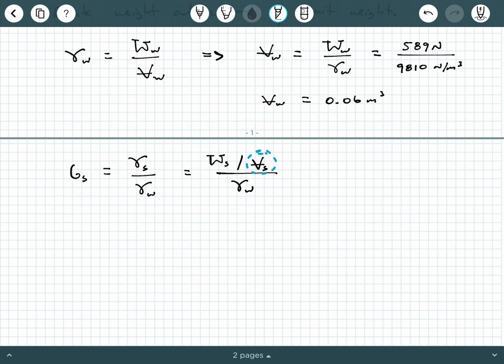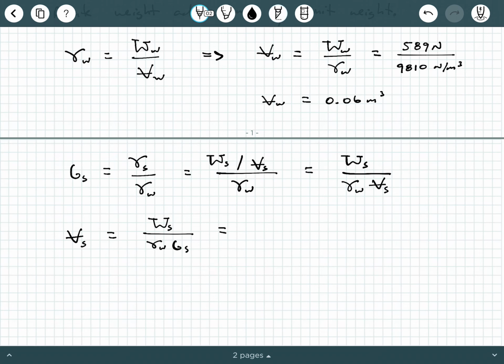We're looking for this value right here, the volume of soil solids. So if I repackage this just a little bit, we get W sub S over gamma water times V sub S. And then we can rearrange this and we'll get the volume of soil solids is equal to the weight of soil solids divided by the unit weight of water times G sub S. Do we have all three of these values?